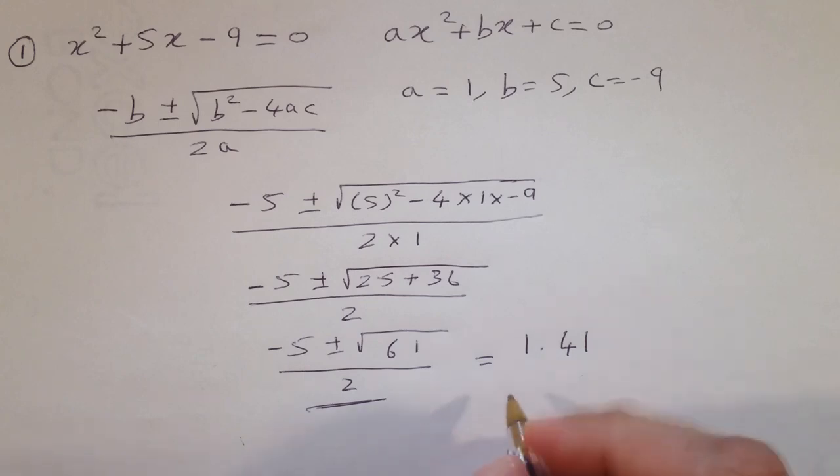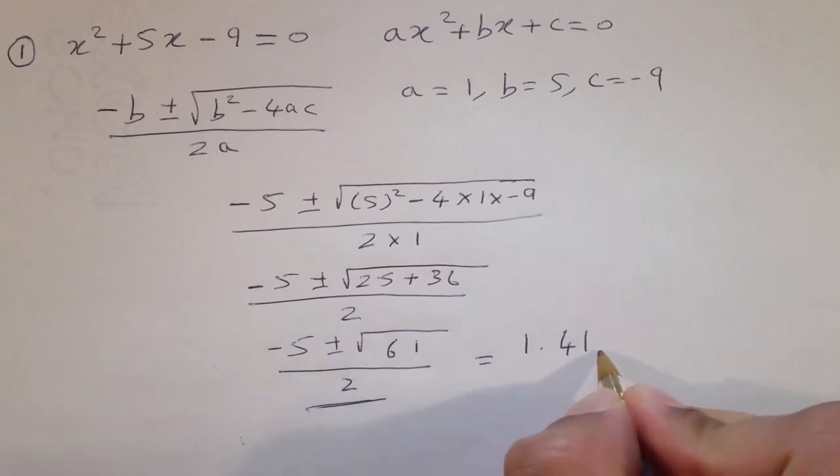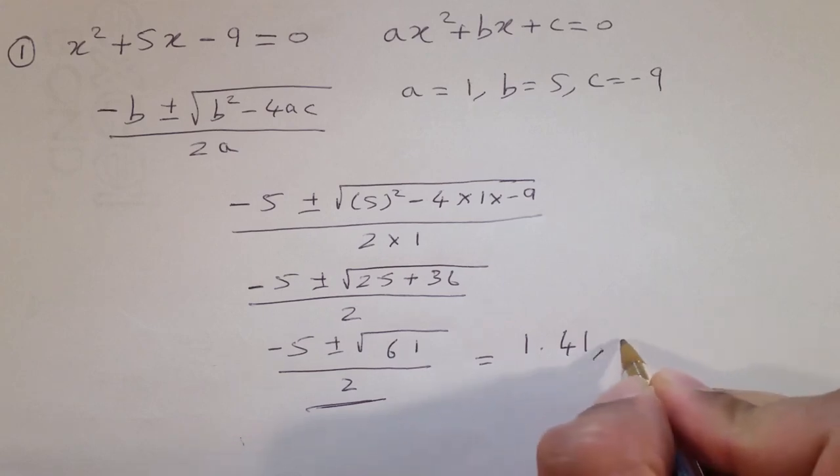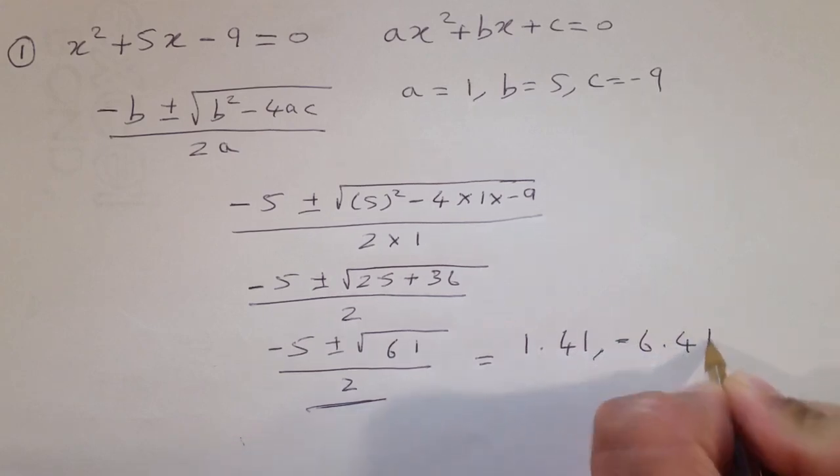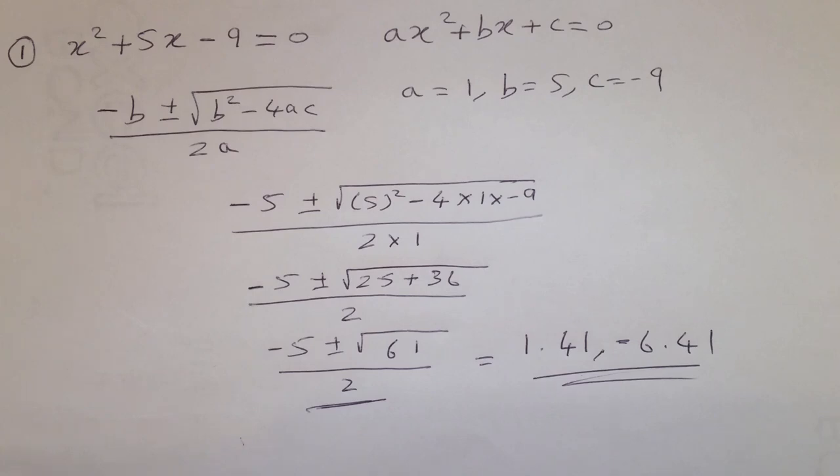And the second value is minus 6.41. Done. So this is the calculator bit and this is the non-calculator bit.